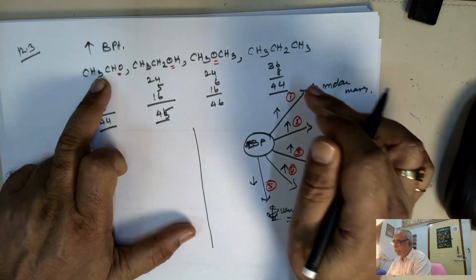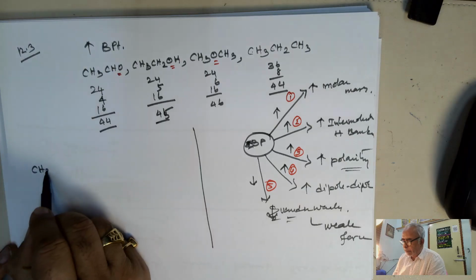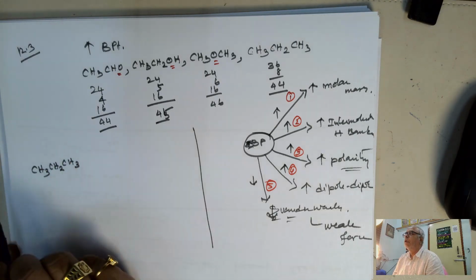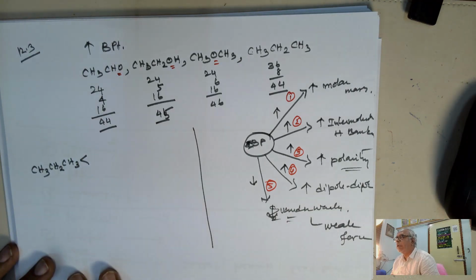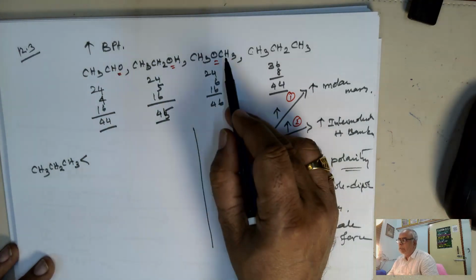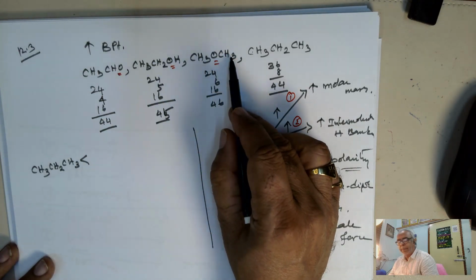It has got polarity, it doesn't have polarity. So therefore this one, CH3CH2CH3, is the lowest.